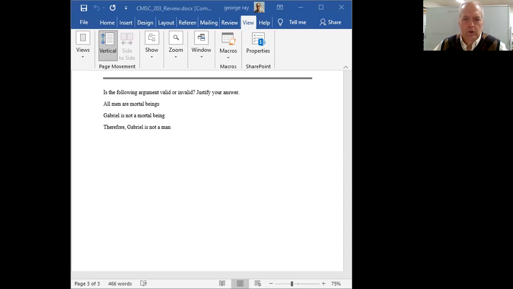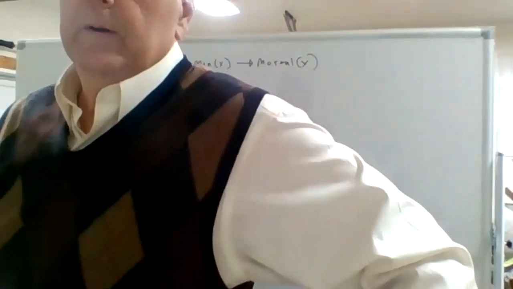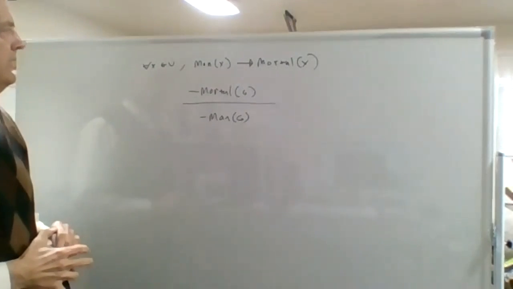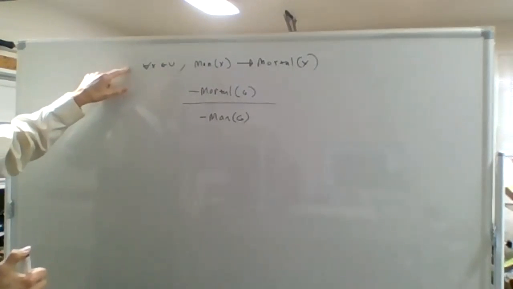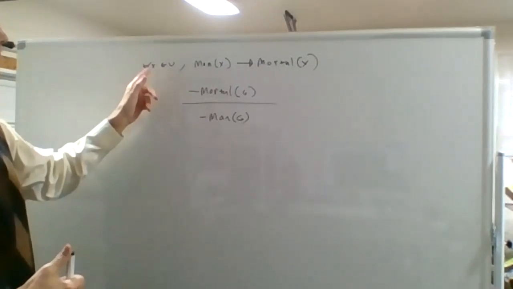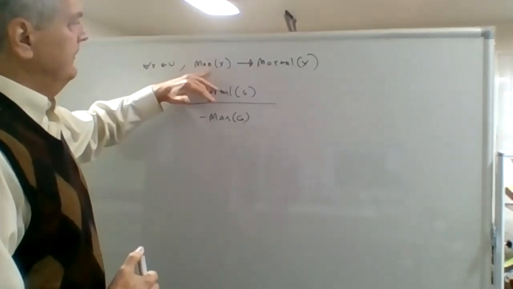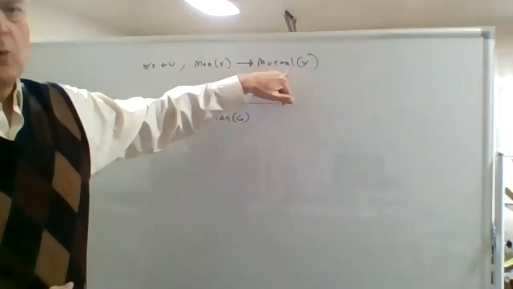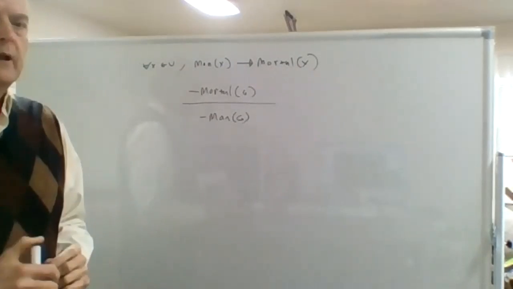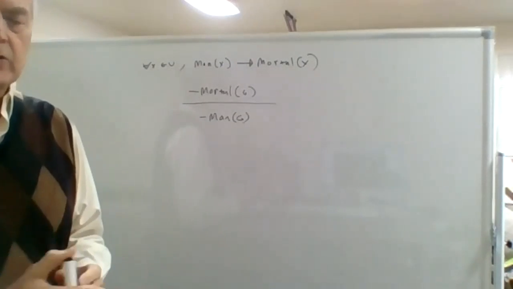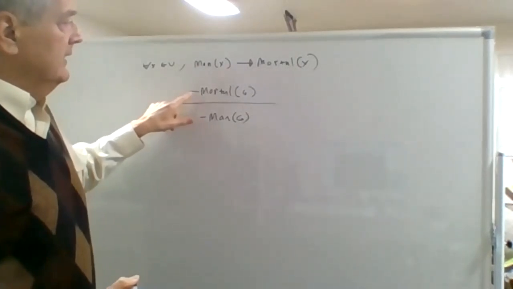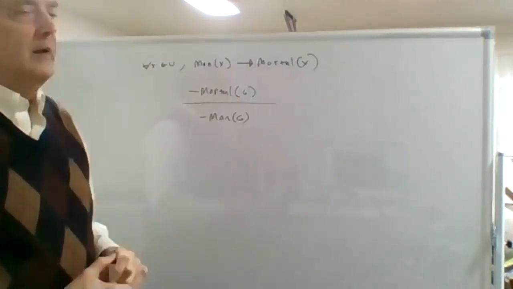Okay, so let's take a look at question 10. We have our major premise: for all x in the universe, if x is a man, then x is mortal. Then we have an instantiation: Gabriel is not mortal.